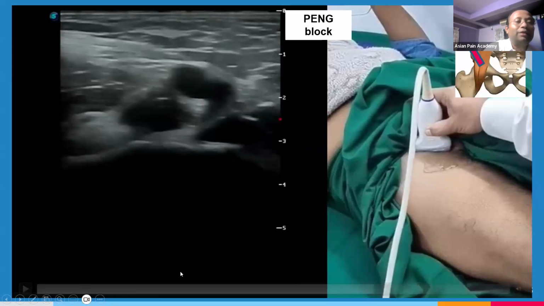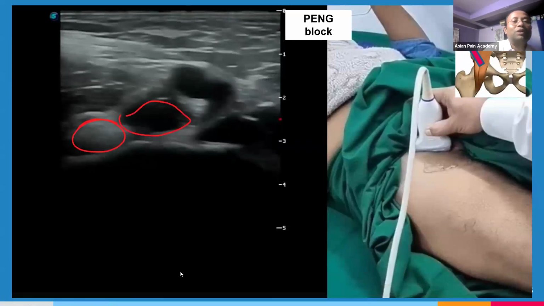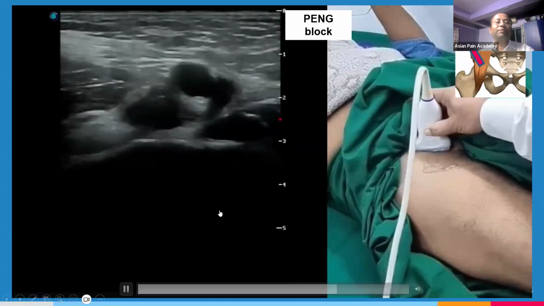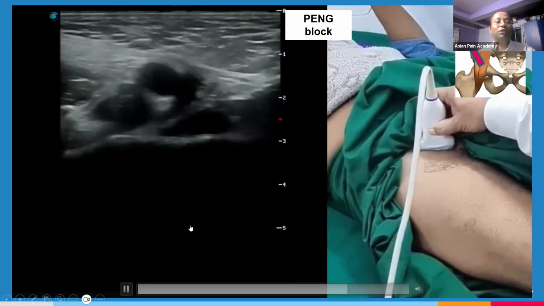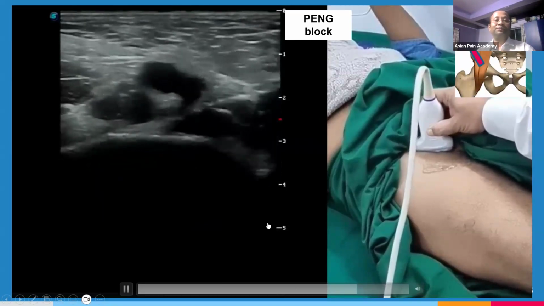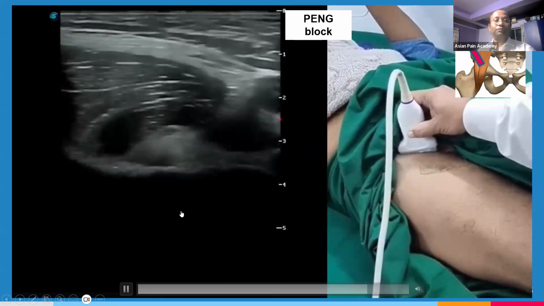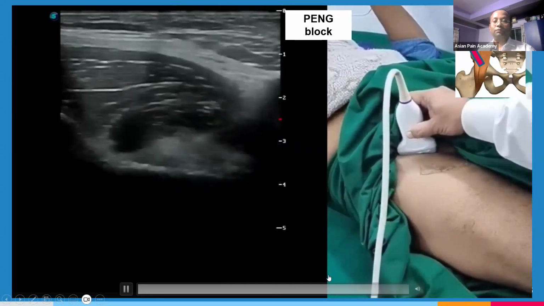This is the psoas tendon, and a small part of psoas muscle is there. When you go medially, you see a bit of psoas muscle coming. But if you come laterally, you will not see this amount of muscle.